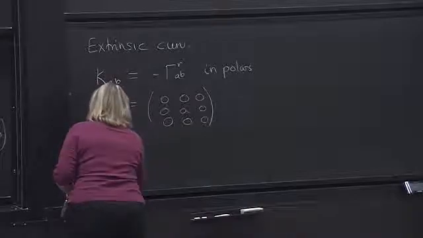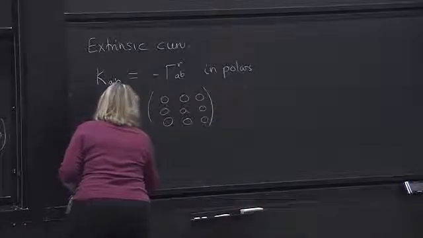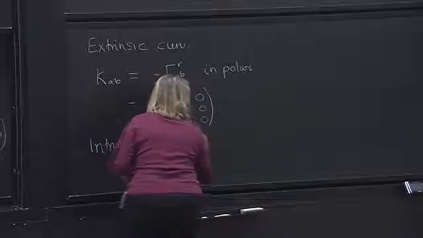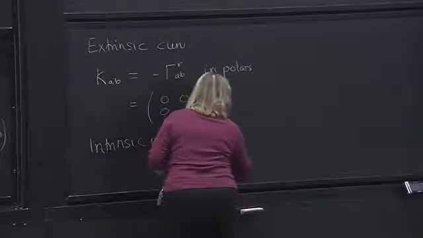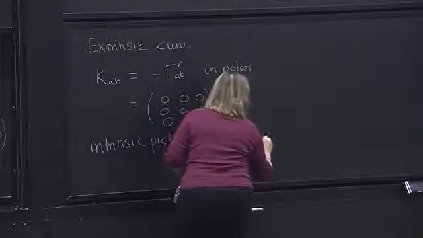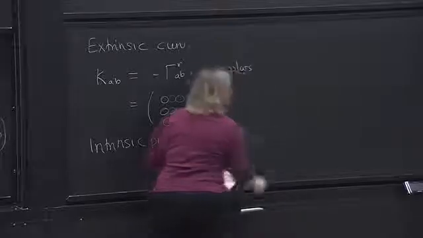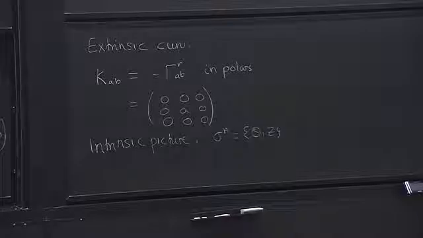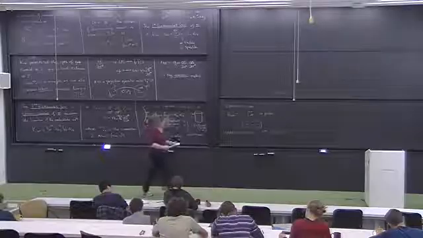Intrinsic picture. My coordinates are going to be theta and z, where theta is just the polar angle projected down onto the cylinder, and z is the height of the cylinder.